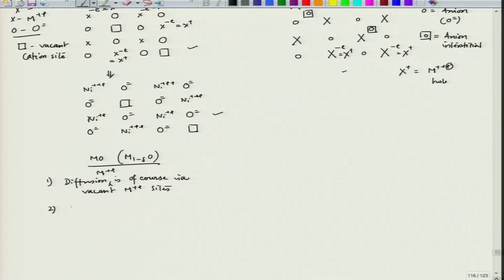Second part, this reaction which is anodic reaction would happen on the metal metal oxide interface. Third, the other corresponding reaction O plus 2e equal to O 2 minus would happen on the oxide metal oxide interface.